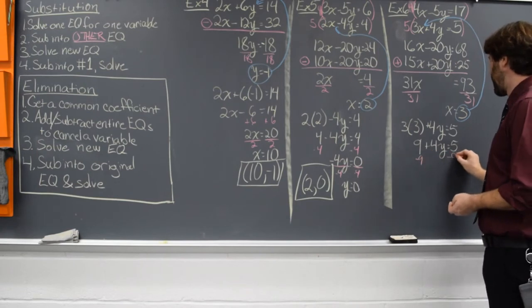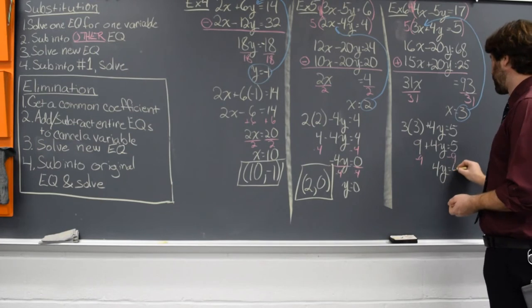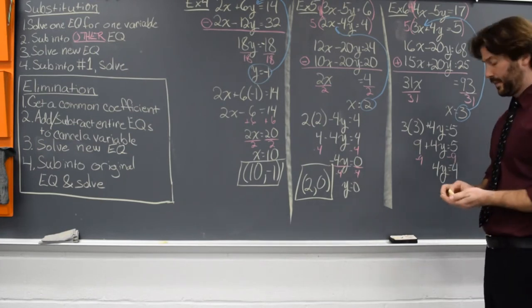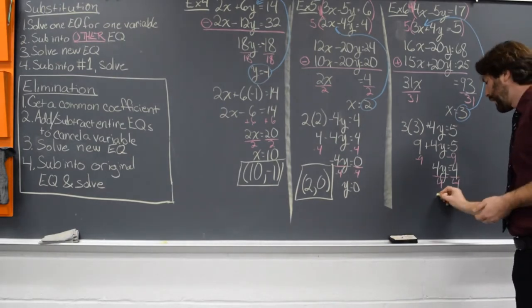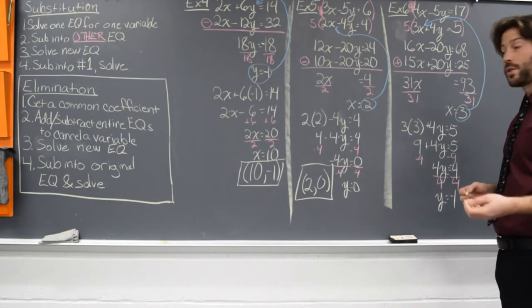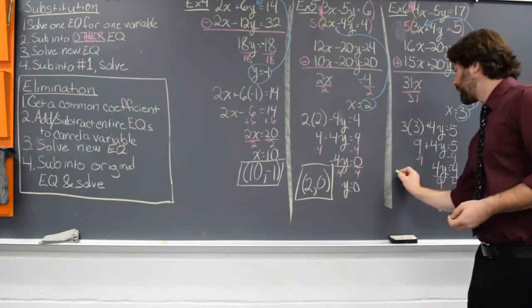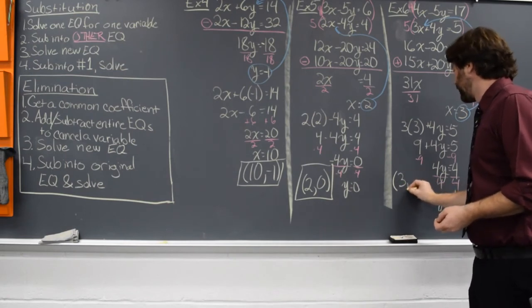Subtract 9 from both sides. 4y equals -4. Divide both sides by 4, and I get y equals -1. So our solution for this system of equations is the ordered pair (3, -1).